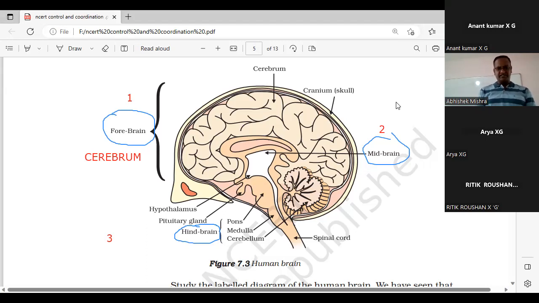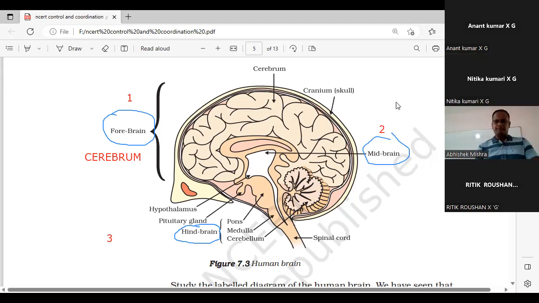Okay. Anant says, I will automatically close my eye. Any other thing which the other students will do? Apart from closing your eye, any other thing which you will do, the remaining students? Okay, Nitika raised her hand. Nitika, unmute yourself.